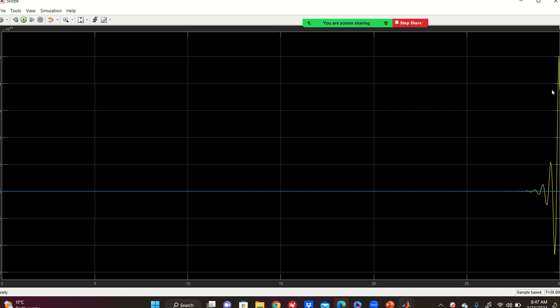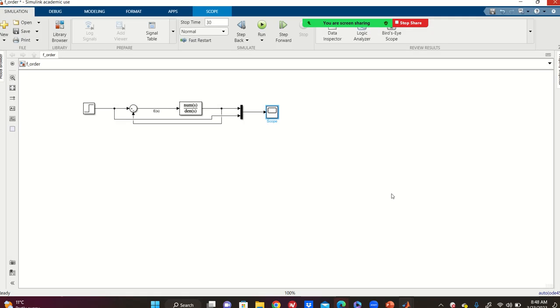It becomes unstable at the end. Understand? This becomes unstable and goes to wherever. And oscillating and obviously unstable.